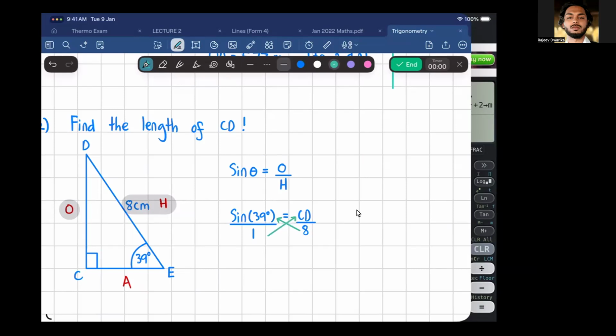So you're going to multiply 1 by CD. Simran, what's 1 by CD? CD. Right? And what about on the other side?